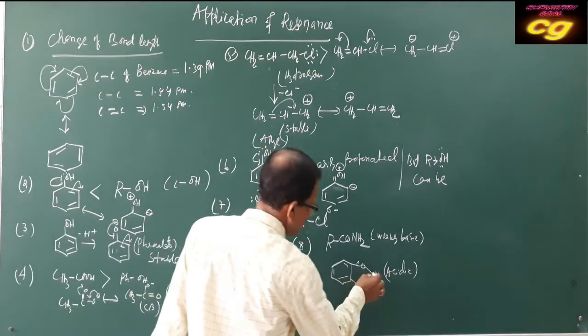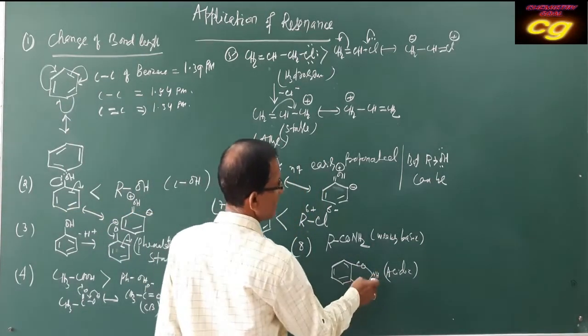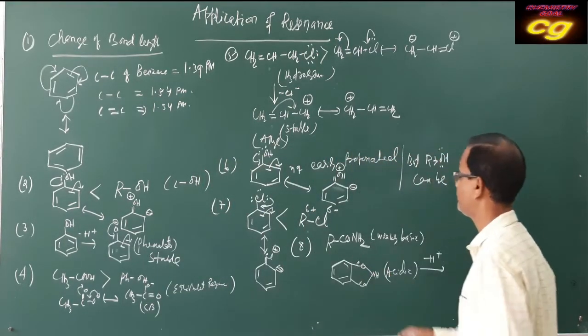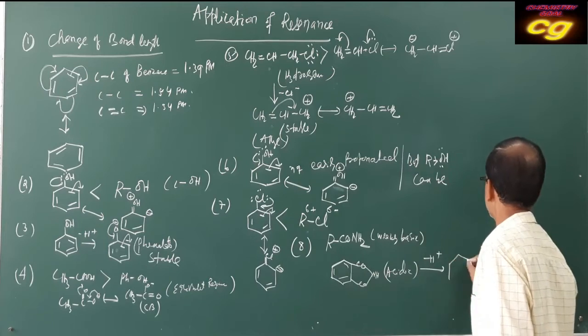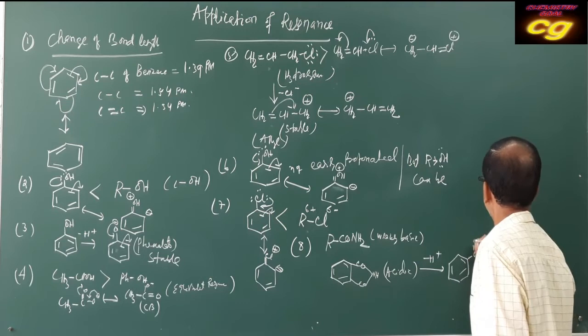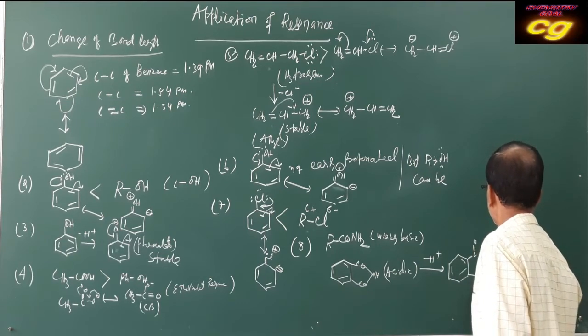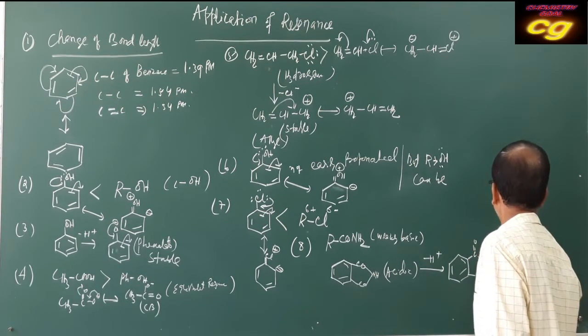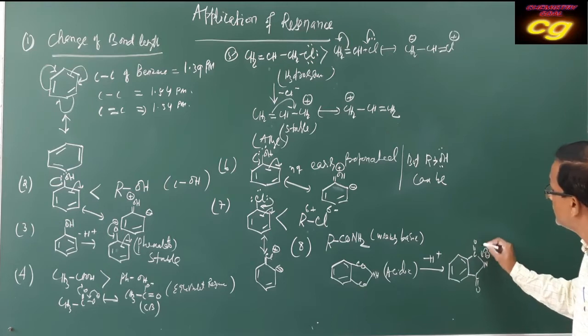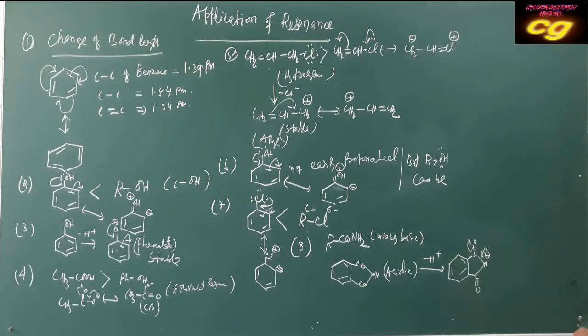Why? Because after losing H plus from phthalimide, the product formed is stabilized by resonance. After losing the H plus ion, the negative charge is delocalized onto the keto group by resonance.